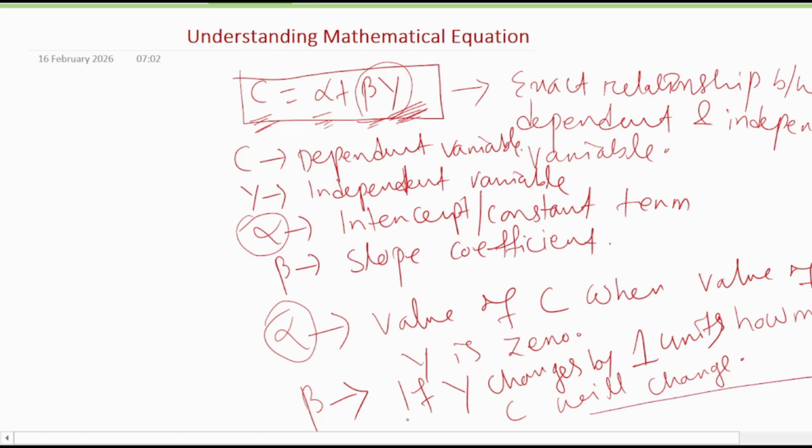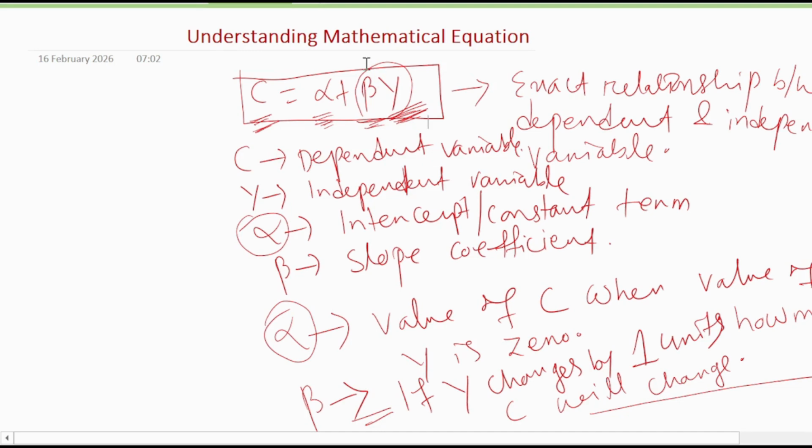This will be explained by the beta value. So I hope you could understand the dependent variable, that is C, independent variable, that is y, intercept value, that is alpha, slope coefficient value, that is beta.